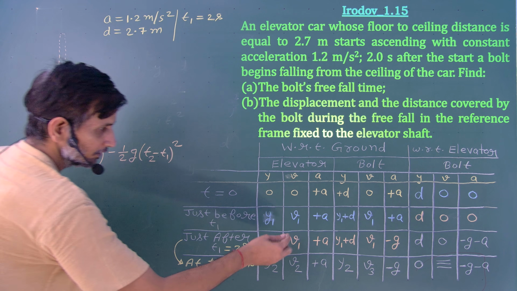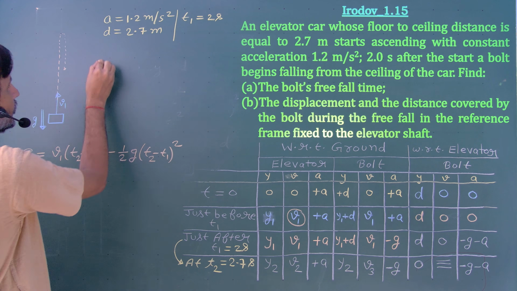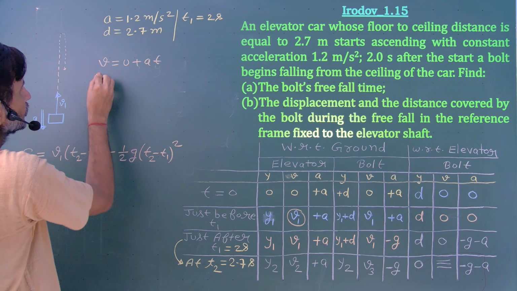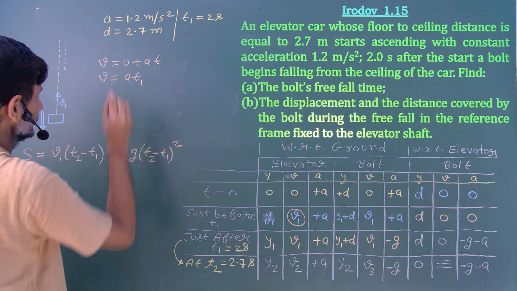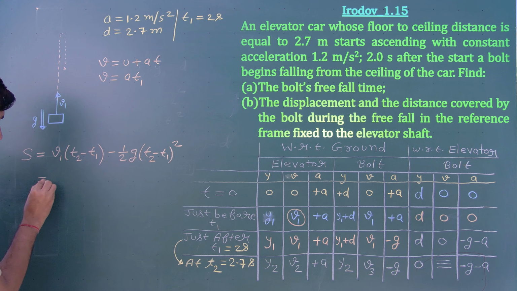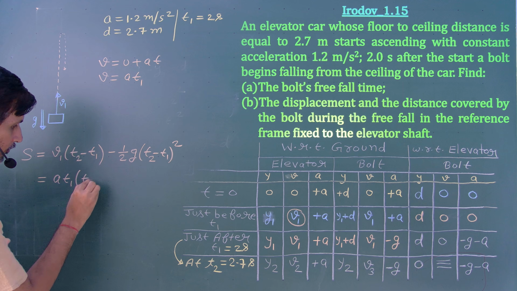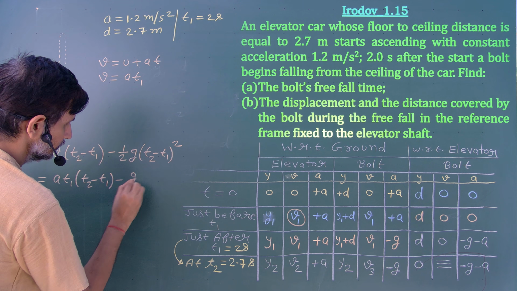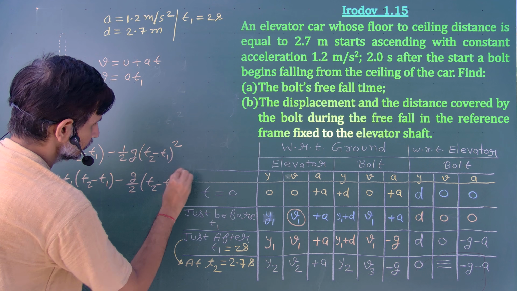We can calculate v1 by the formula v equal to u plus at, so v equal to 0 plus a into t1. So displacement S equal to a into t1 into (t2 minus t1) minus g by 2 into (t2 minus t1) square.